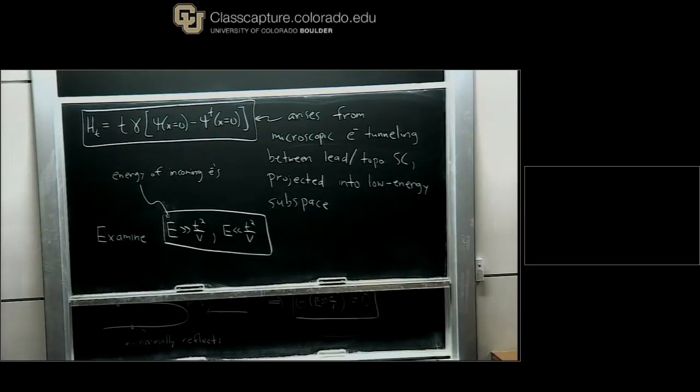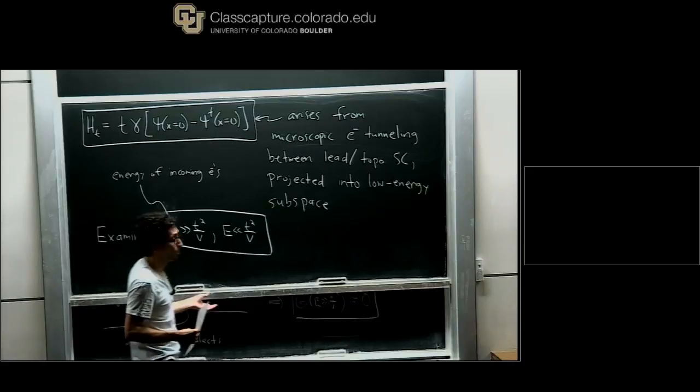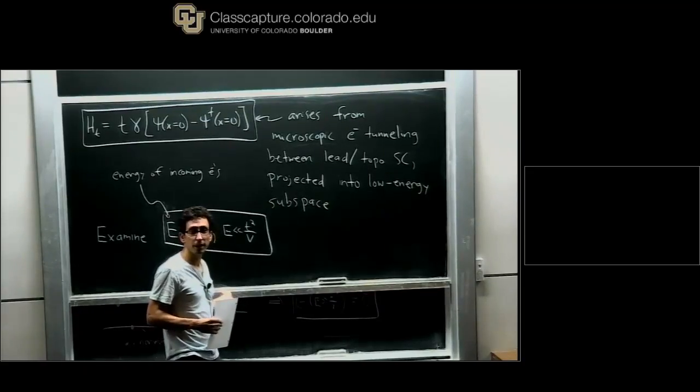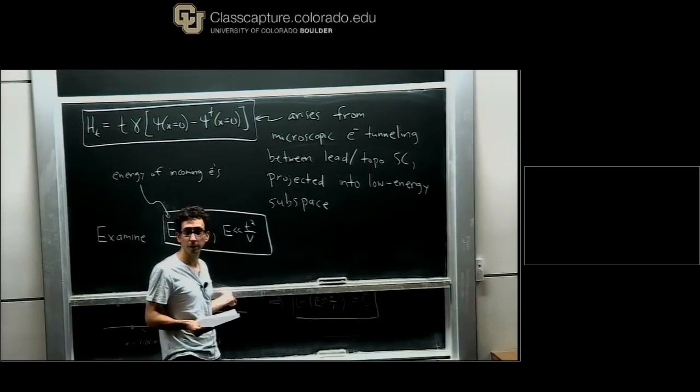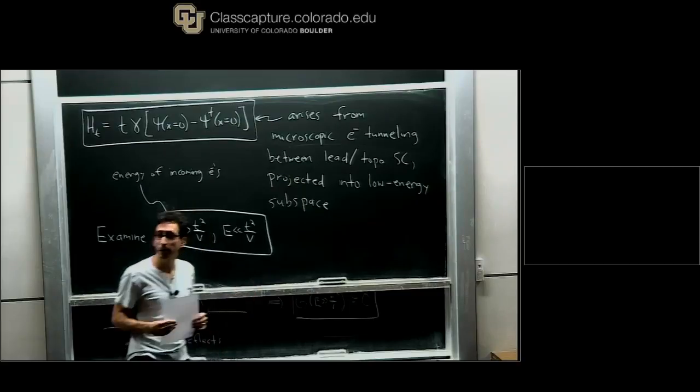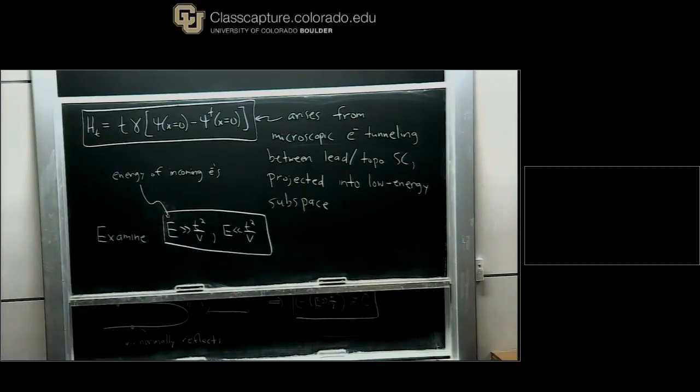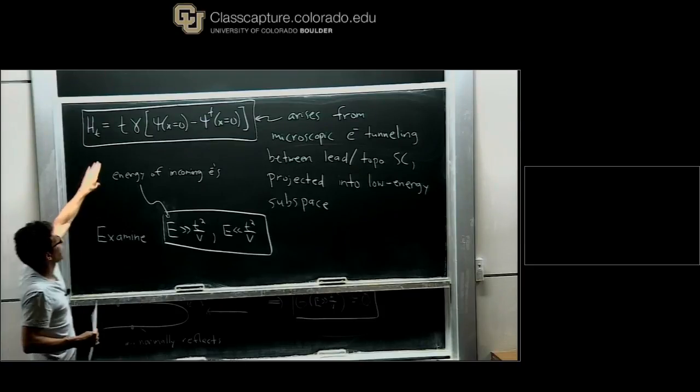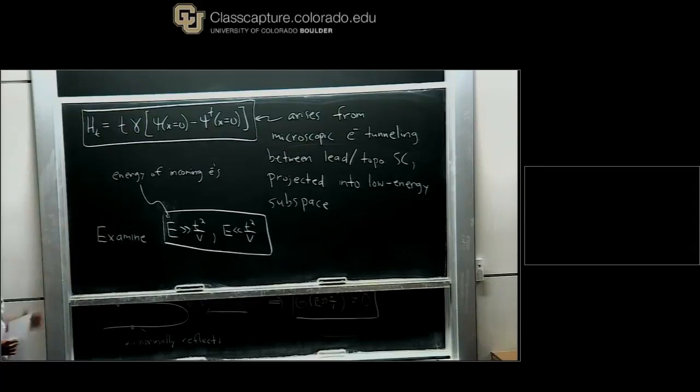My claim is that there's some simplifying approximation we can make in this limit, which allows us to basically immediately write down the solutions for those zero energy wave functions, if we view the problem in the right way. So maybe let's ponder this for a second, and let me know if anyone has any ideas for what this term does when t goes to infinity. I'm looking at very low energy wave functions.